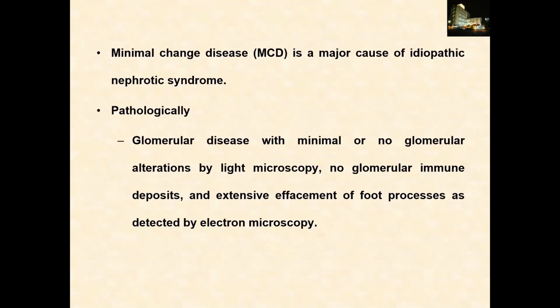Minimal change disease is a major cause of idiopathic nephrotic syndrome, and pathologically is a glomerular disease with minimal or no glomerular alteration by light microscopy, with no glomerular immune deposit, and the only abnormality experienced in this disease is the extensive foot process effacement at the electron microscopy.